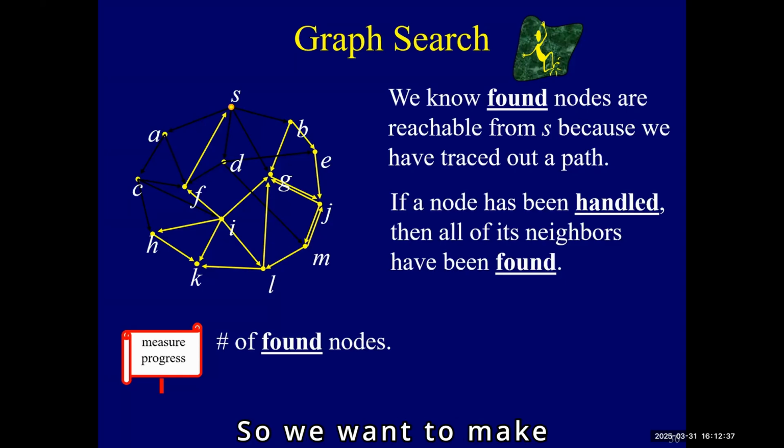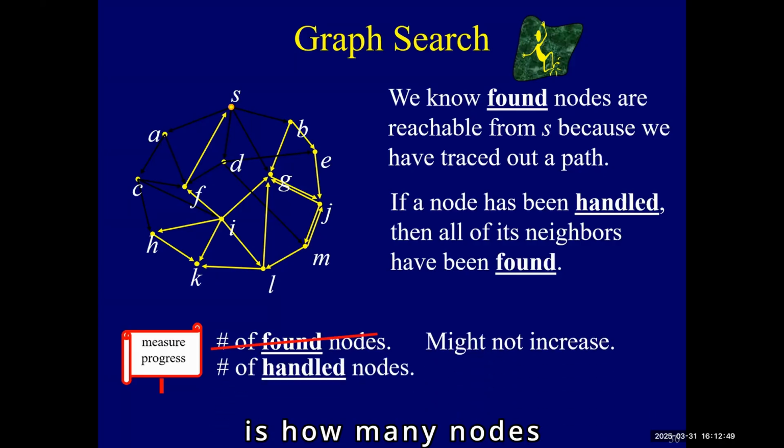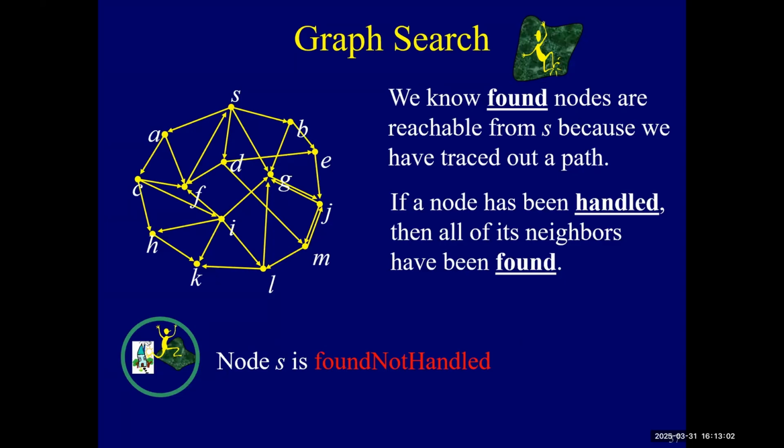So we want our measure of progress to go up every iteration, and so this isn't a good measure. But if our measure is how many nodes have been handled, every iteration we handle a new node, and you only have n nodes, so you can do this at most n times.